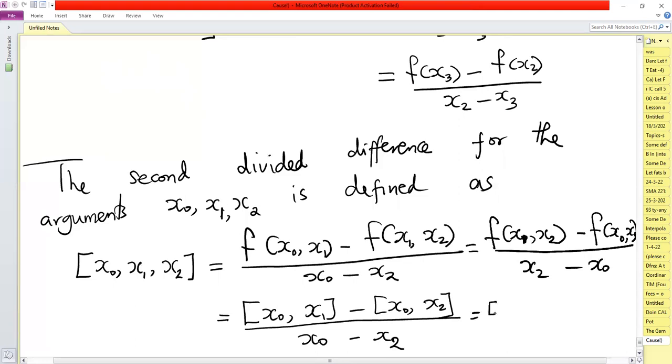So this will be the first divided difference of x1, x2 minus the first divided difference of x0, x1, divided by x2 minus x0.